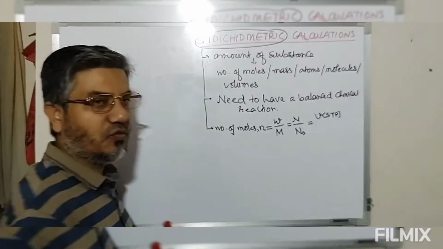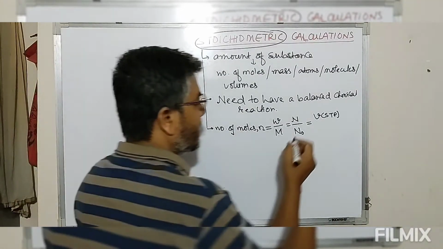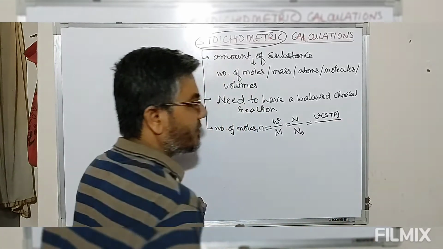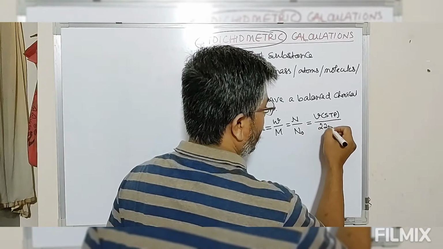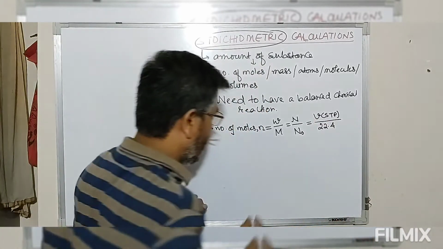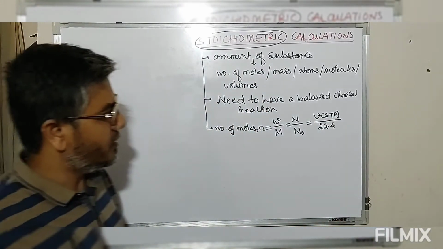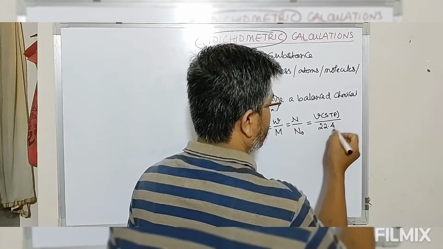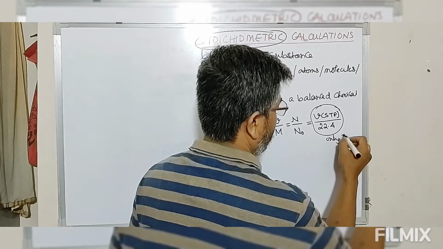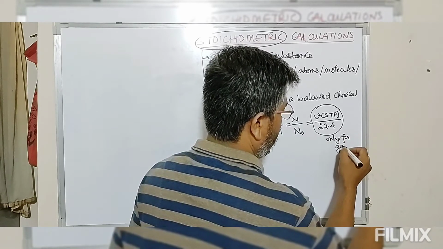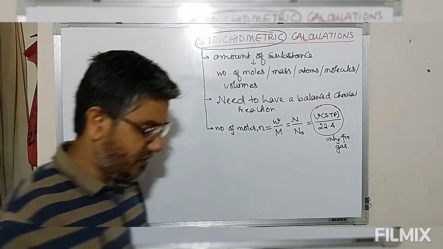It is the volume occupied by the gas divided by molar volume, that is the volume occupied by 1 mole of the gas at STP, which is nothing but 22.4 liter. This is only for gas. This is not applicable to solids and liquids.